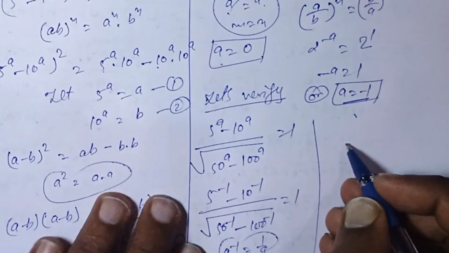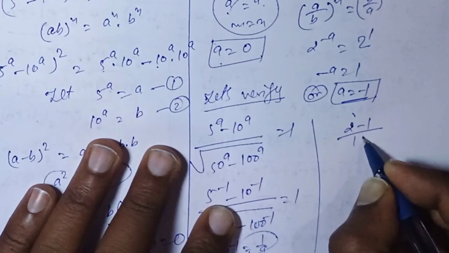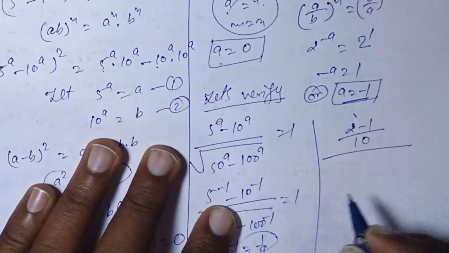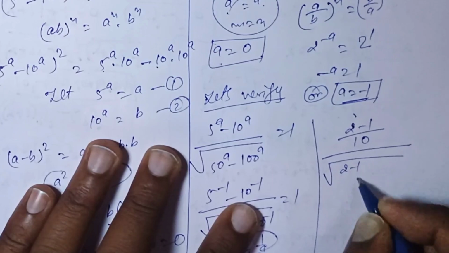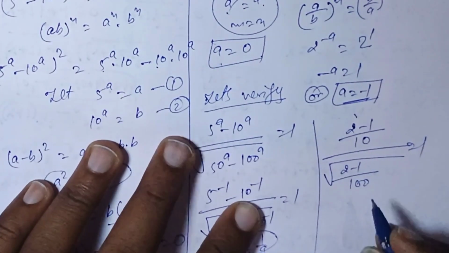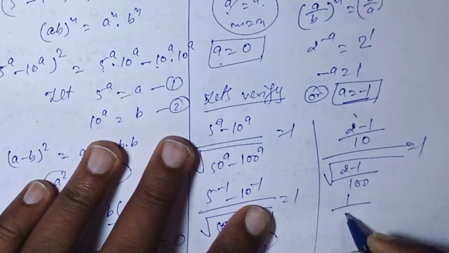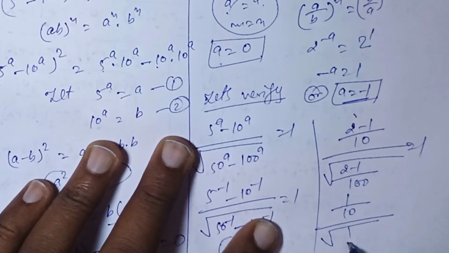Next step, take LCM. (2 − 1)/10 divided by √((2 − 1)/100) is equal to 1. Next step, (1/10) divided by √(1/100) is equal to 1.